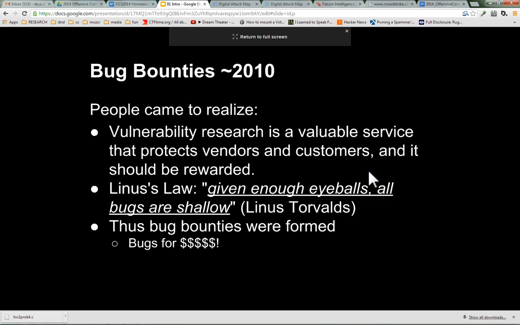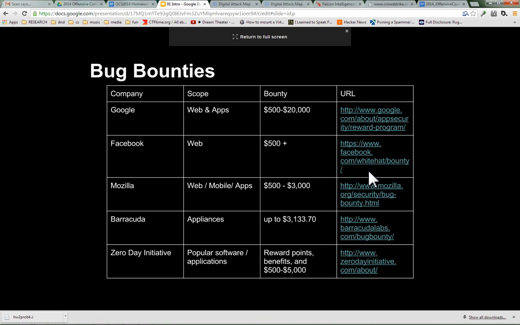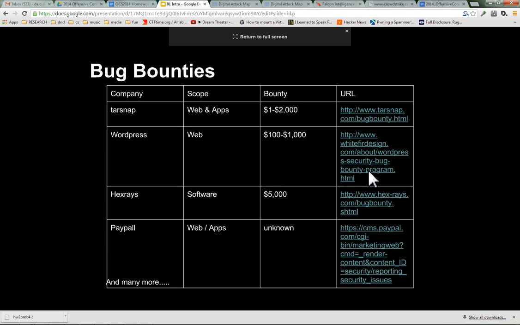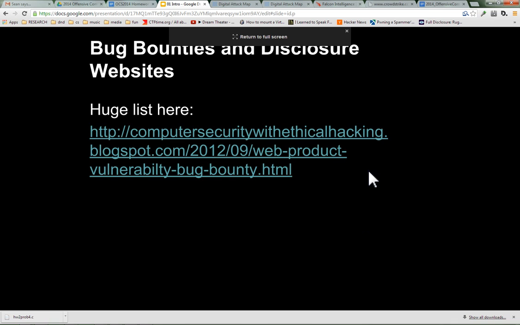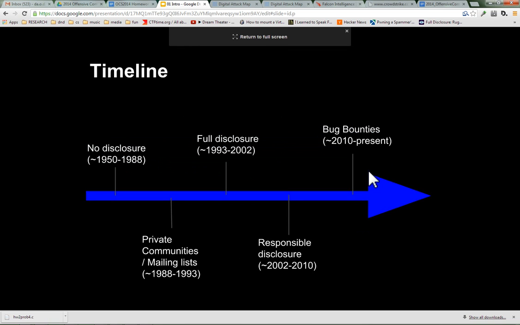And the severity and the worth of the bug you found is determined by the vendor themselves. They're usually pretty sensible about it across the board. And so this is an old table from last year that I put together. Sometimes you can get thousands of dollars, sometimes tens of thousands of dollars for finding bugs in systems. And most of them are pretty good about it. There's a big list here.